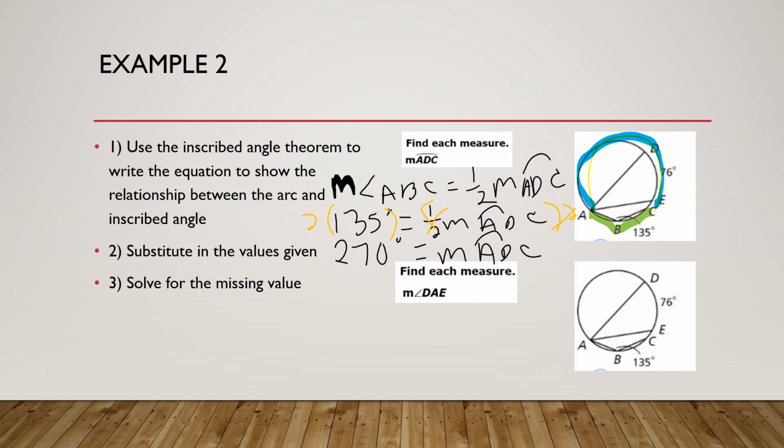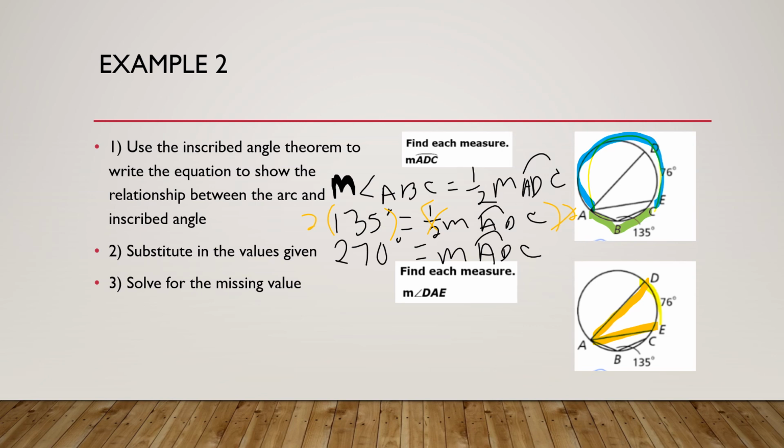On the next one, we are trying to find the measure of angle DAE. Here is my inscribed angle DAE. We want to find the corresponding intercepted arc. My corresponding intercepted arc is DE.